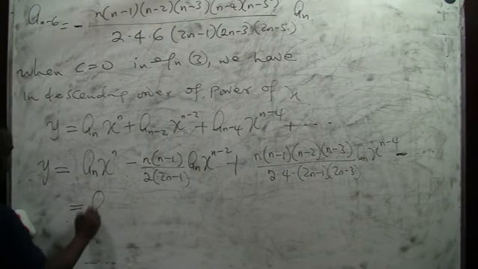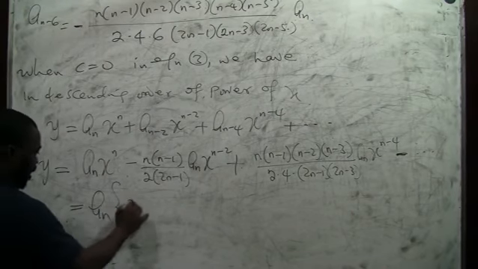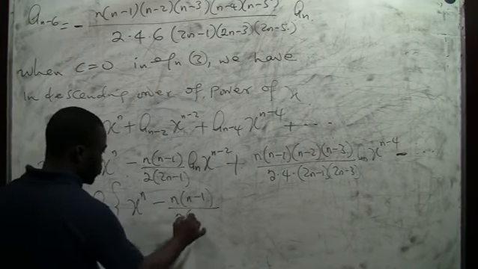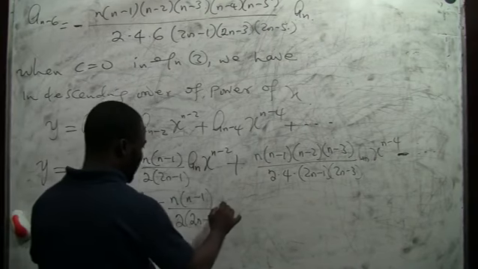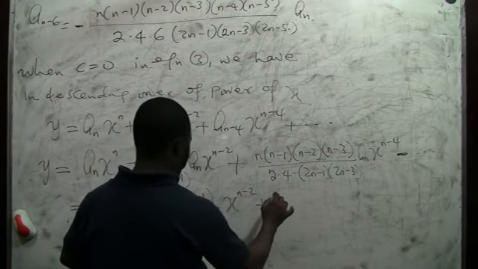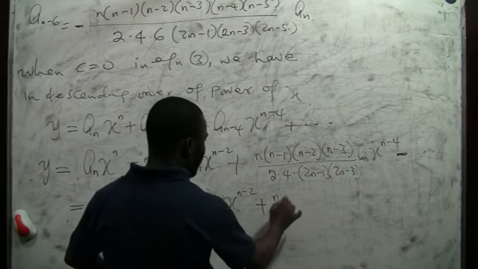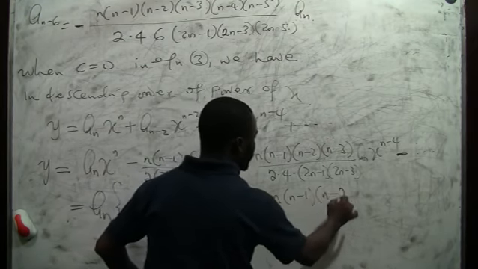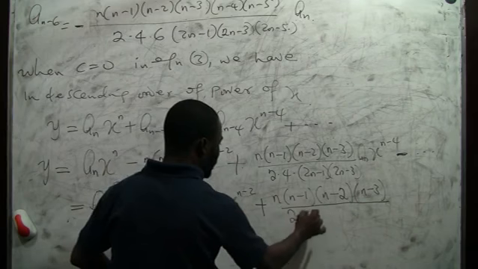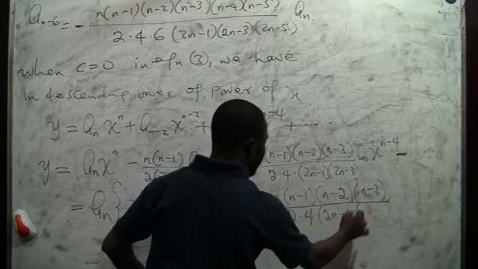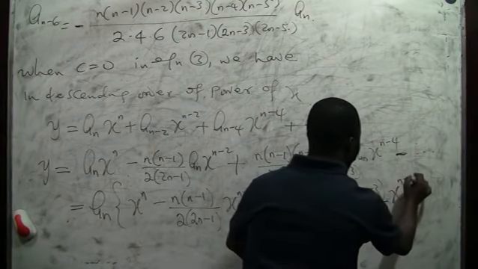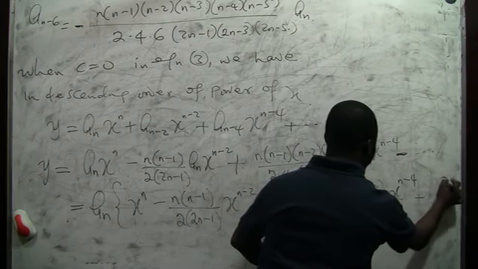So let us factor out A_n into x raised to the power n minus n into (n minus 1) divided by 2 into (2n minus 1) x raised to the power n minus 2, plus n into (n minus 1), (n minus 2), (n minus 3) divided by 2 multiplied by 4 into (2n minus 1) into (2n minus 3) x raised to the power n minus 4, minus, it continues.